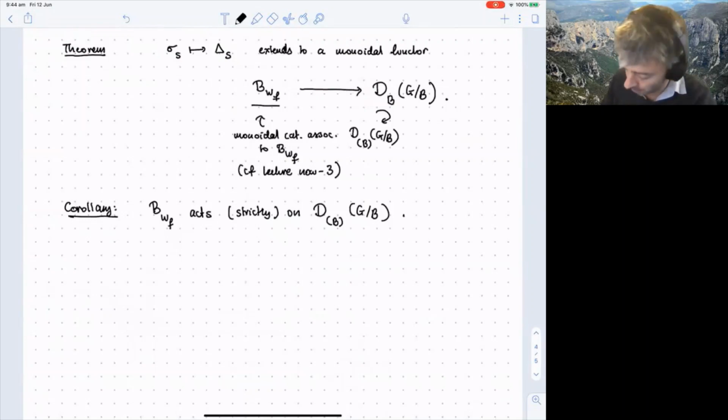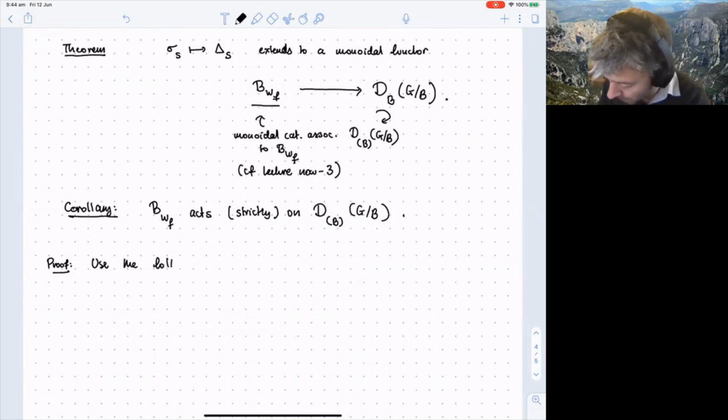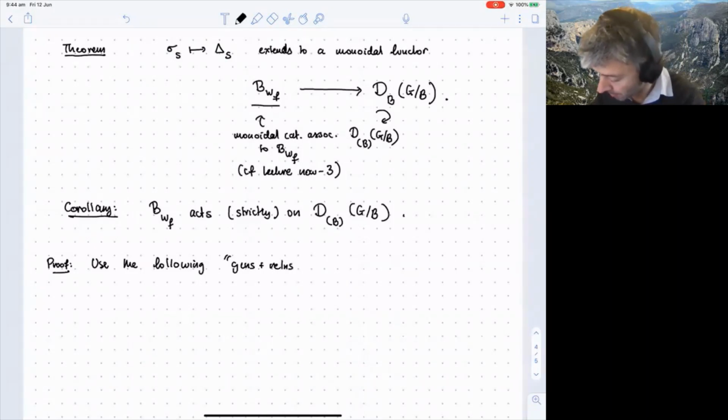So proof: use the following theorem of Deligne.